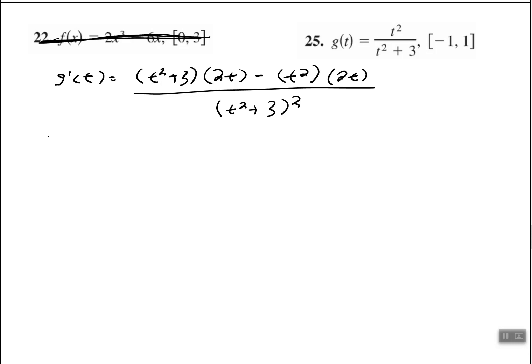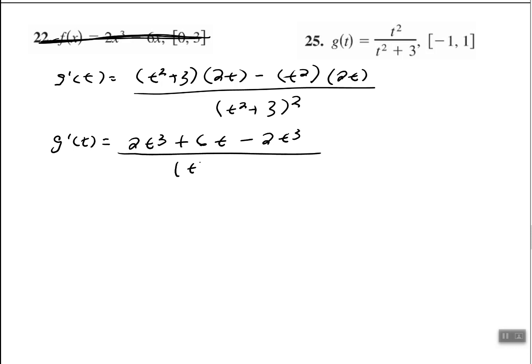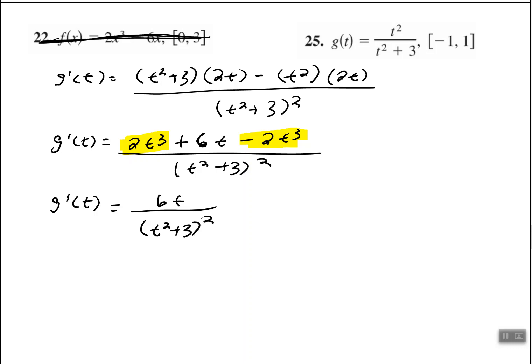All right, let's simplify this numerator. So using our distributive property, we could simplify and then combine like terms. So we have 6t over t squared plus 3 squared.